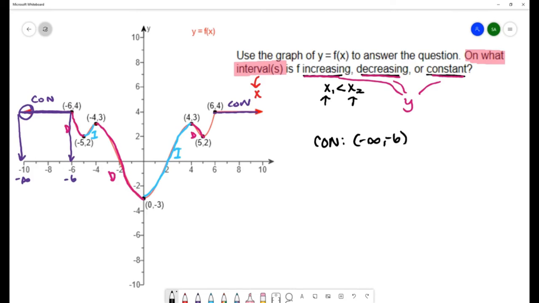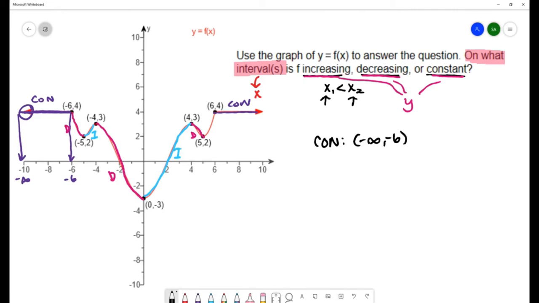Now I've used open intervals because the definition in this book gives open intervals, but there are other sources where the definition could include closed intervals as well. A closed interval would be if you had a bracket on this negative 6 instead of a parenthesis.